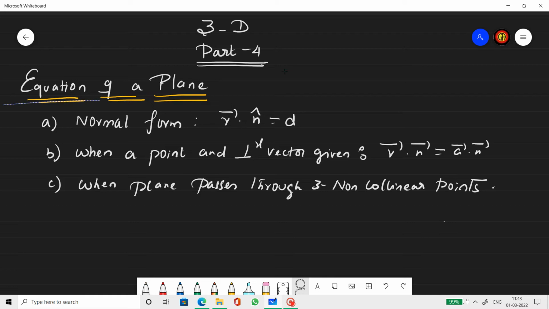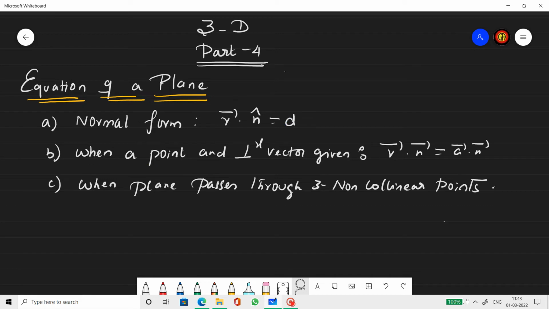Now, equation of a plane. In your book, in your syllabus, you have three forms. Equation of a plane in normal form, which is r vector dot n cap equals d, where n cap is the unit normal and d is the distance from the origin.